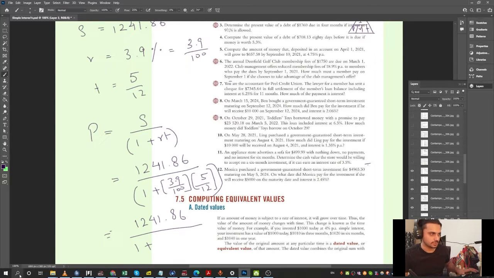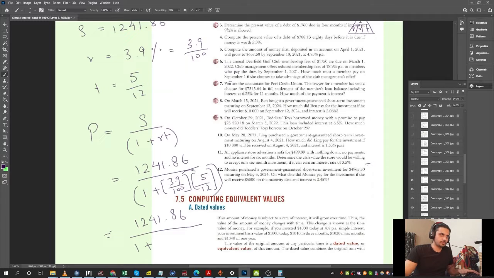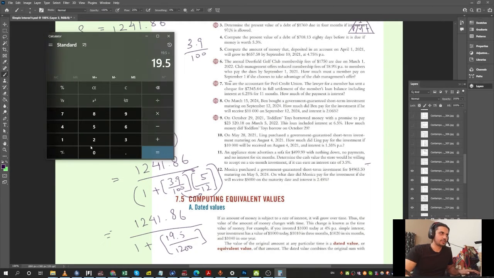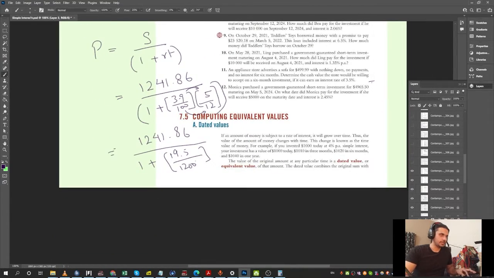So let us use our calculator. 3.9 times 5. So these two will multiply, will be 19.5 divided by 100 times 12 is 1200, right? So you divide it by 1200 and you add 1 to it, and what do you get?